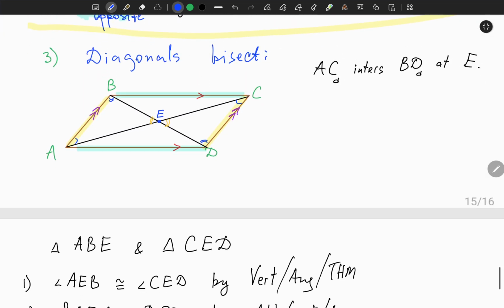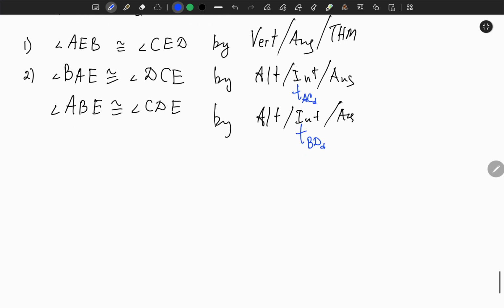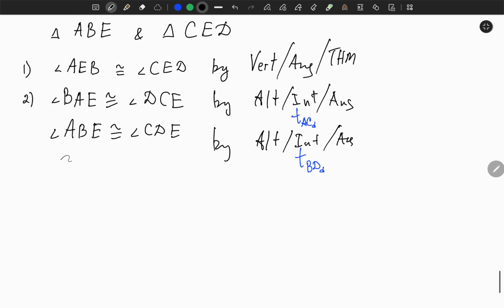All right, we have 2 angles. Now, in order to do something, we need one of the sides. Oh, great, we already have that from the definition. These 2 sides are the same by the definition.